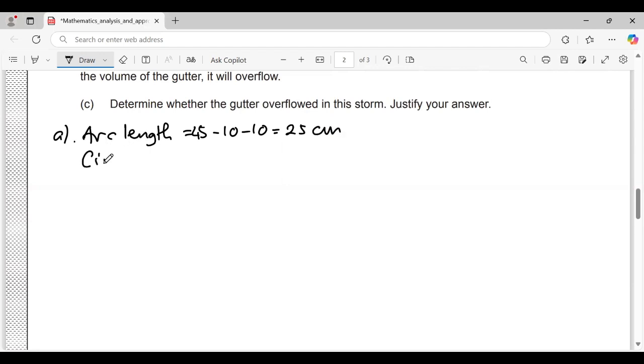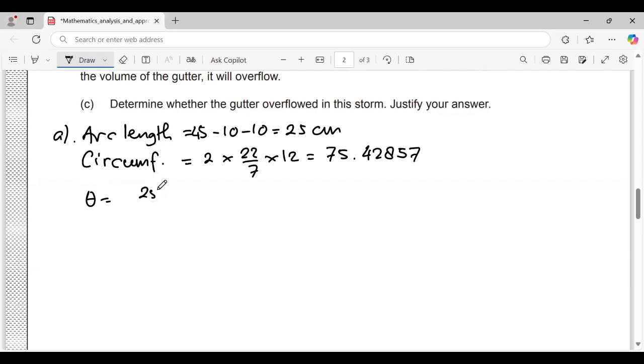And the circumference of the circle, 2 times 22 over 7 times 12, equals 75.42857. So theta equals arc length over circumference times 360.